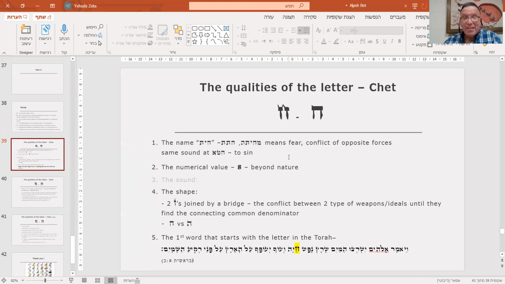What is the number 8? Okay, moving on to our list of 5. The number 8 is beyond nature. This is quite fascinating, because we said that 6 is nature, because 6 is the 6 days of the week, the 6 sides of an object that we mentioned earlier.